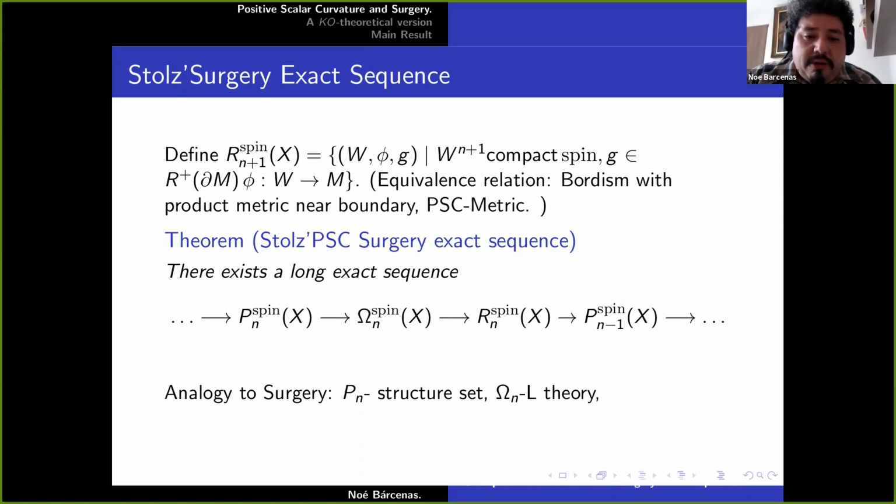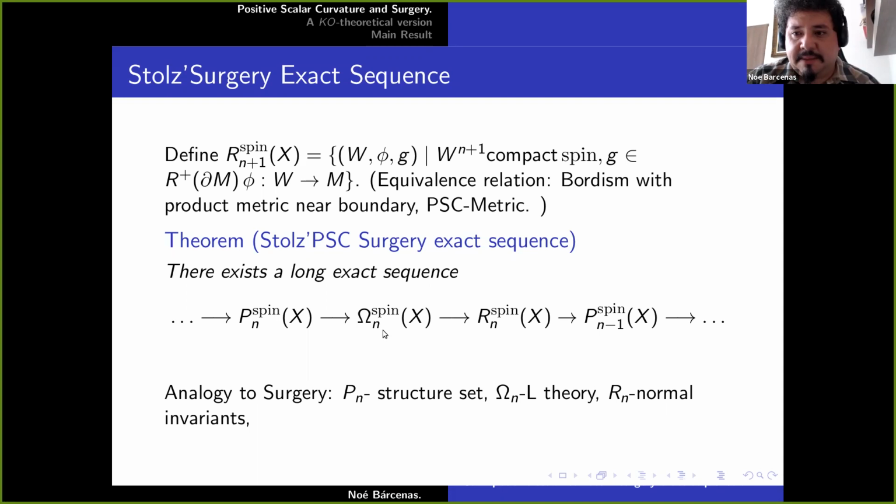Then we have a homology theory over there, which is the homology theory given by spin bordism. And on the right-hand side, we have what plays the role of the normal invariance in the surgery exact sequence. And again, the homology theory is omega n spin, and this is supposed to be the easy part.